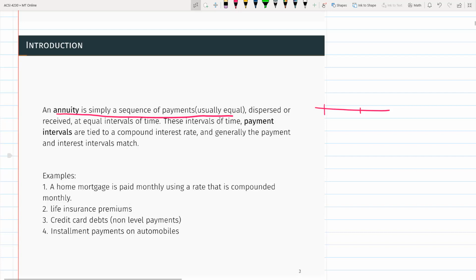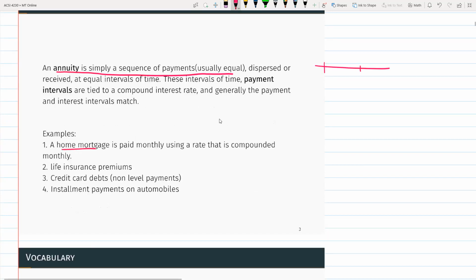So some examples of annuities: home mortgage, which is an annuity. So we pay a fixed amount equally dispersed over time, usually under some fixed rate. Sometimes you may have different floating rates, but usually mortgages are fixed rate.